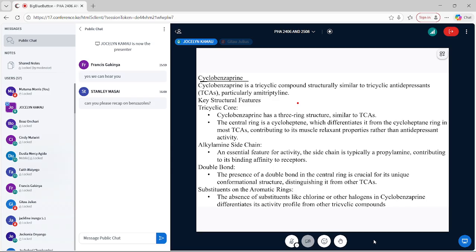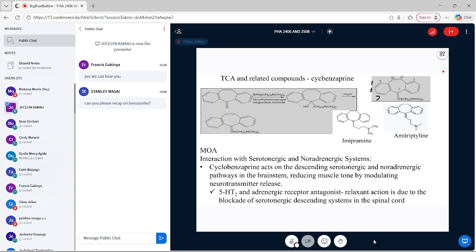So this is also a methylamino group, like in the phenothiazines, which we have looked at, like in the antihistamines that we have studied.